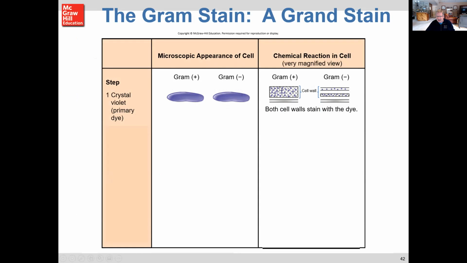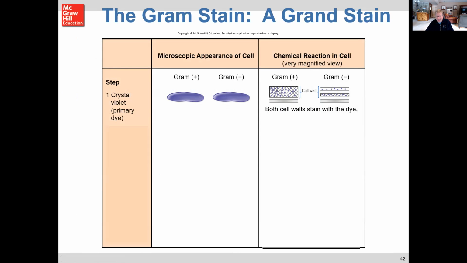Okay, so in this right-hand column, you see the thick gram-positive cell wall illustrated by this block, if you will, with the hashed marks. In a gram-negative cell, we have several thinner layers of the cell wall. And we've added, after having air dried and heat fixed our slide, the first thing we add, which is called crystal violet, our primary stain.